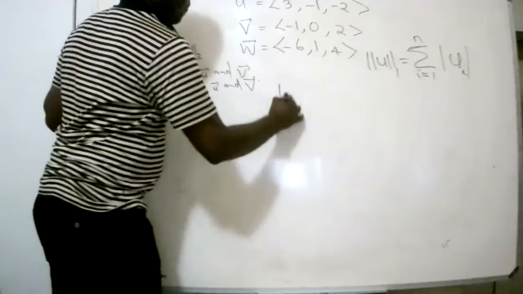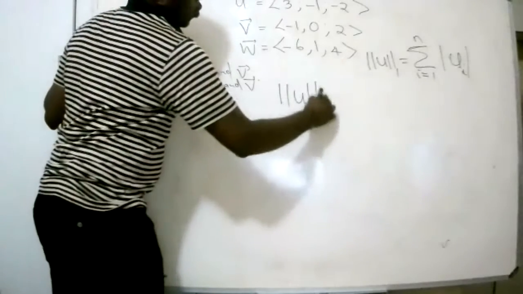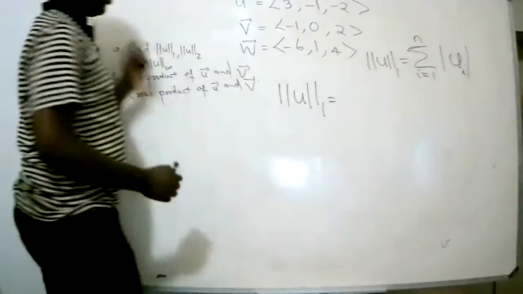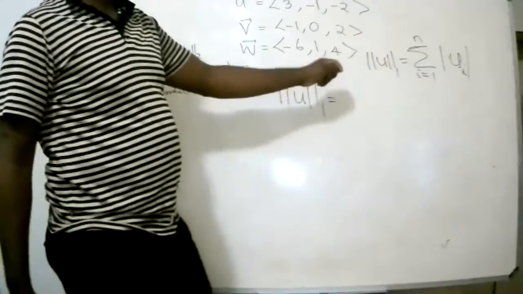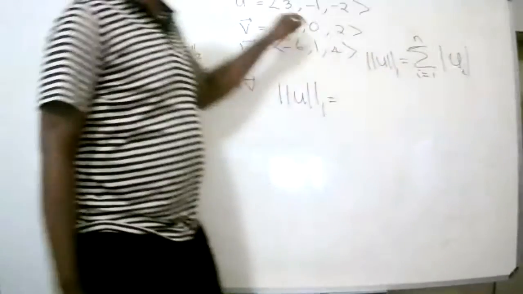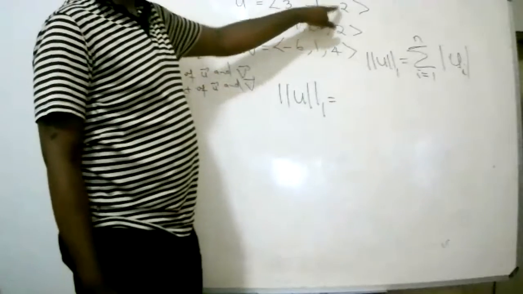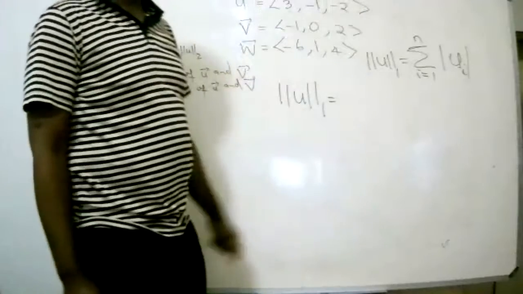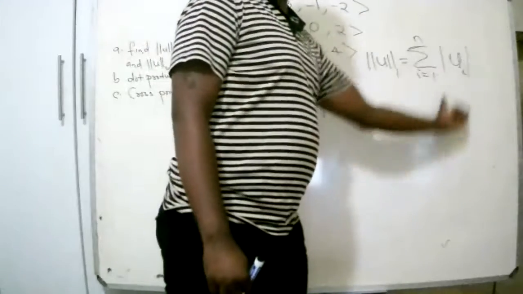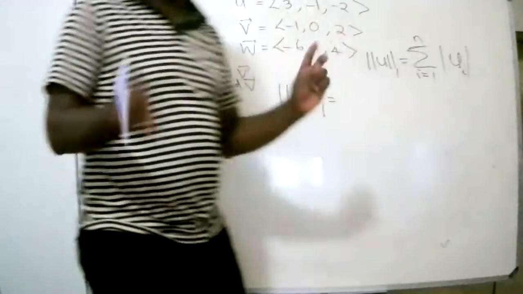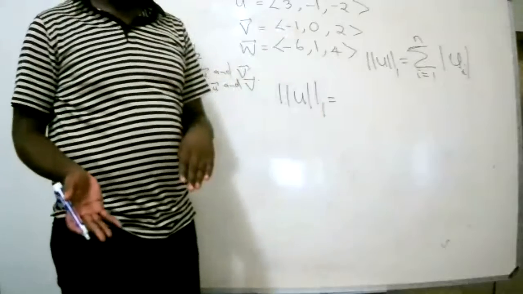We are going to have one norm of u is equal to, what this formula says is that we are going to take the positives of all these values that we have here, because we have these absolutes. Absolutes change negative to positive.